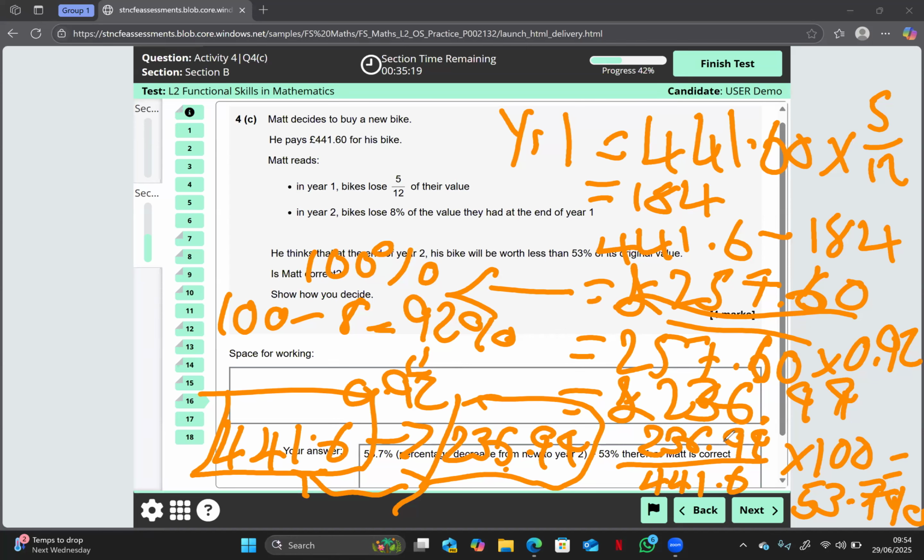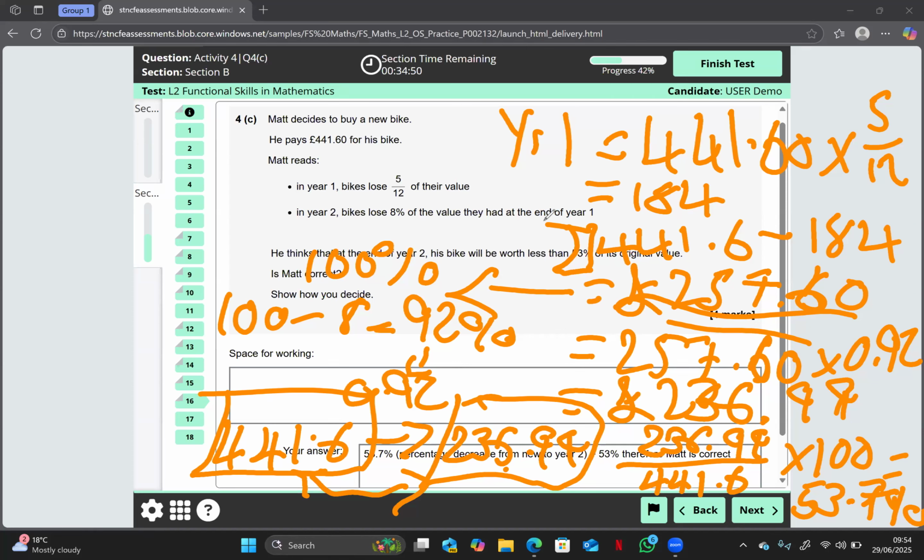Doing that in our calculator, we get 53.7%, so it will be worth less than 53% of its original value, as it's worth only 53.7.